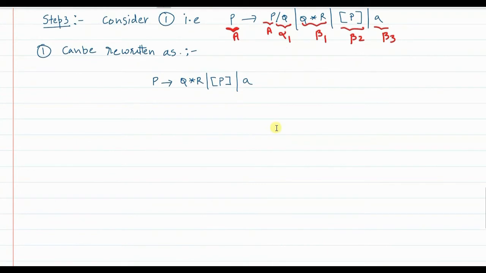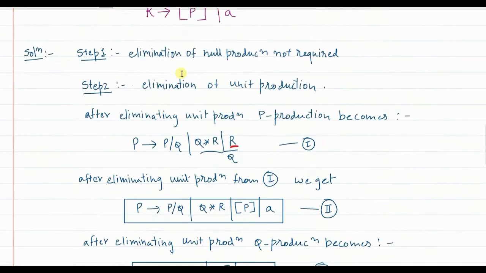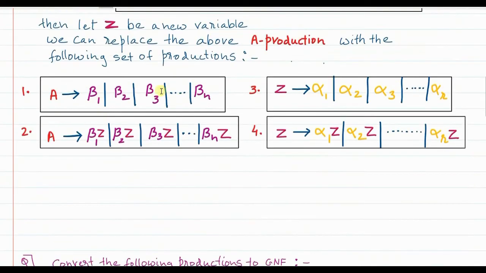Okay, then I also say that let Z1 be a new variable. If Z1 is a new variable, then you can write the same production that you've written here with Z1 also as one of the terms.